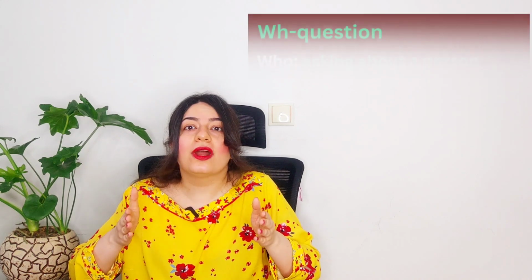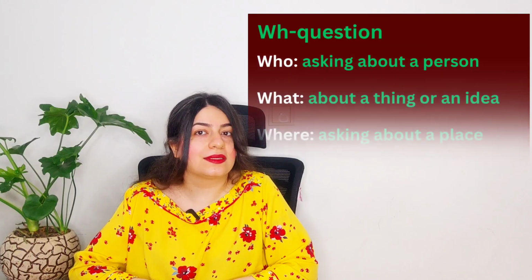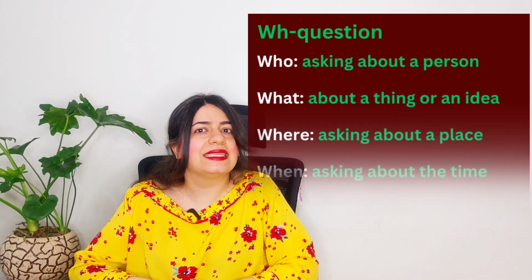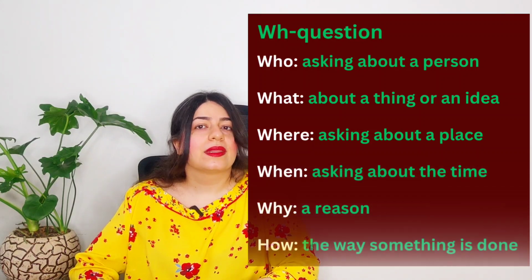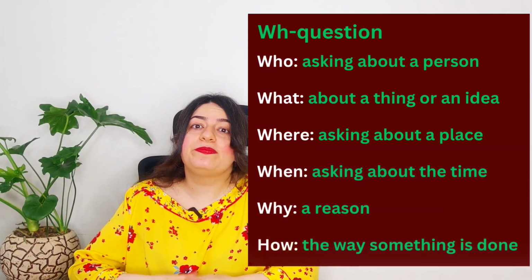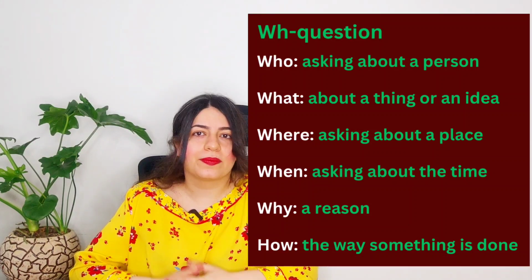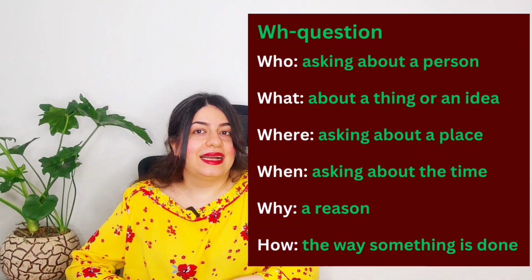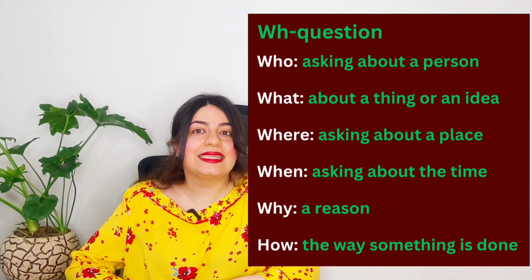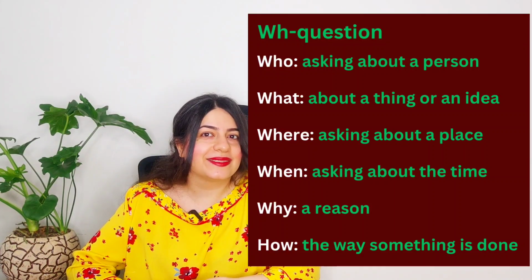For example, who is for asking about a person. What is for asking about a thing or an idea. Where is for a place. When is for the time. Why is for a reason. And how is for asking about the way something is done or happens.